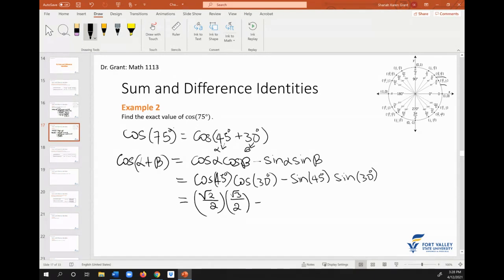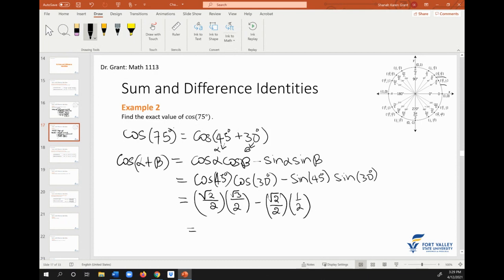Then sine of 45 is also root 2 over 2, and sine of 30 is 1/2. Like we did before, we're just going to simplify.